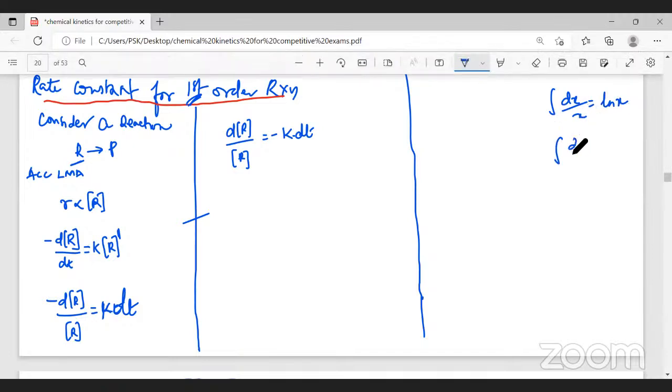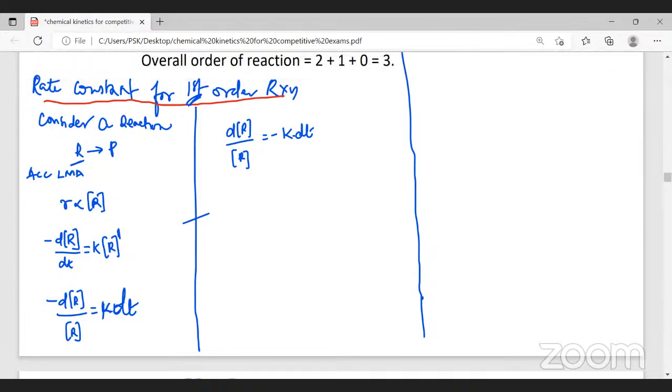Likewise, integral of dt by t is natural log of t, and integral of dr by r is natural log of r. Did you follow what I'm telling? Yes, sir.